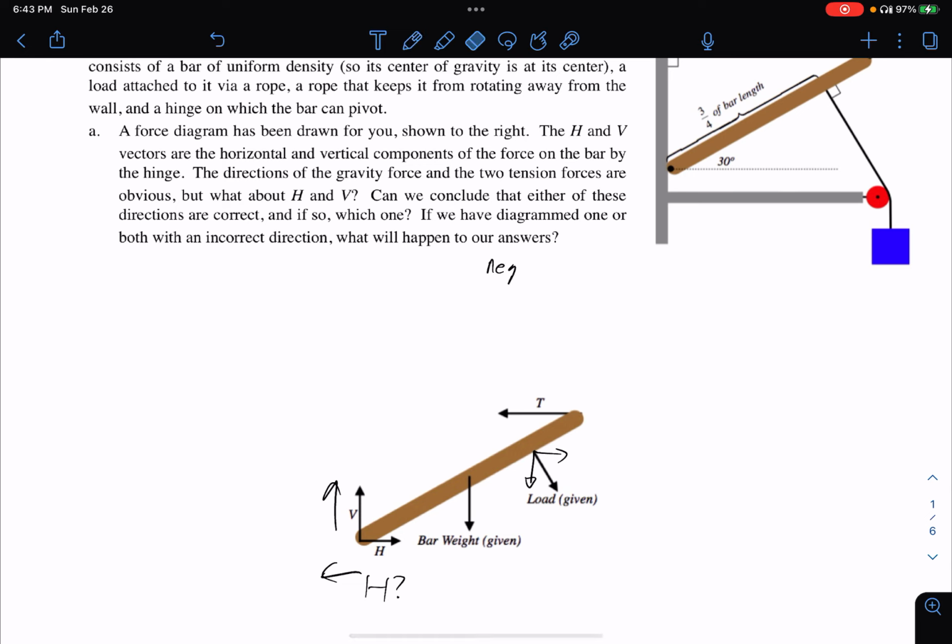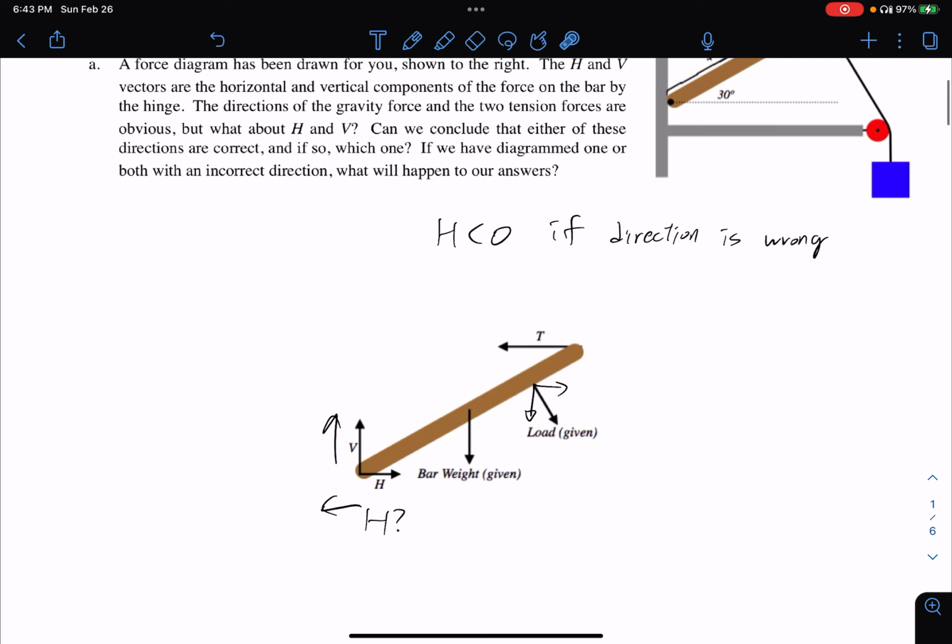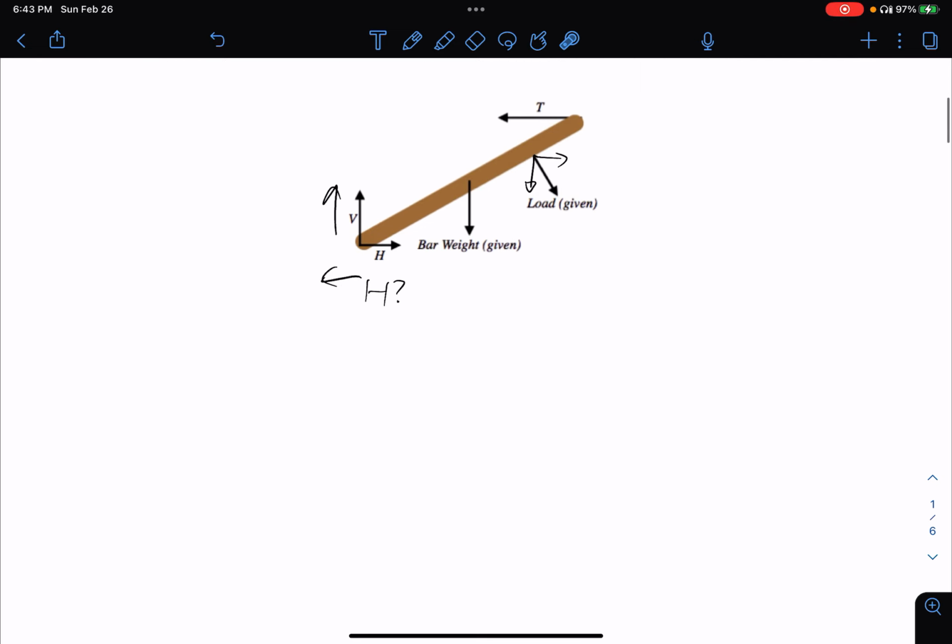And that doesn't stop us from assuming H goes upward, because if we get a negative answer, then we just know, oh, it should point the other way, and that's it.